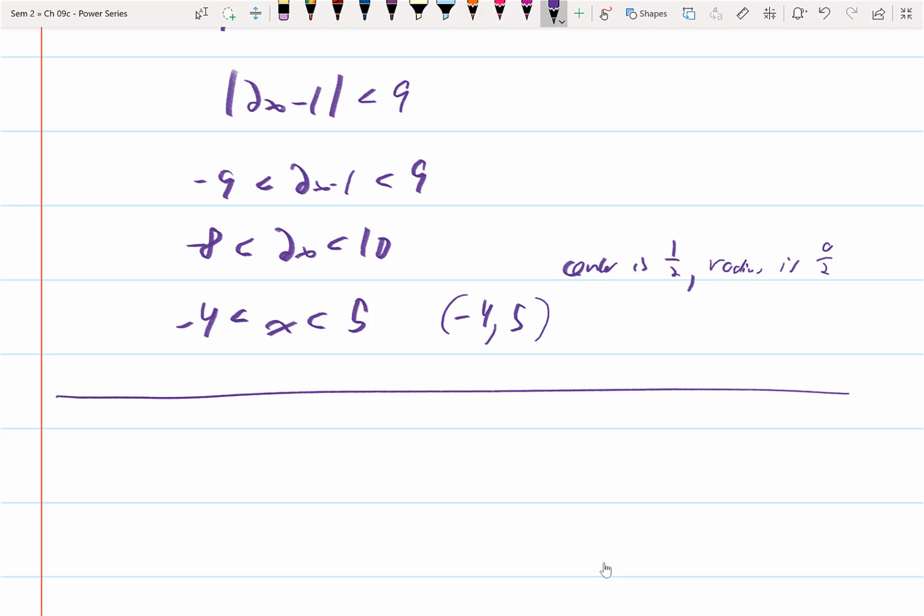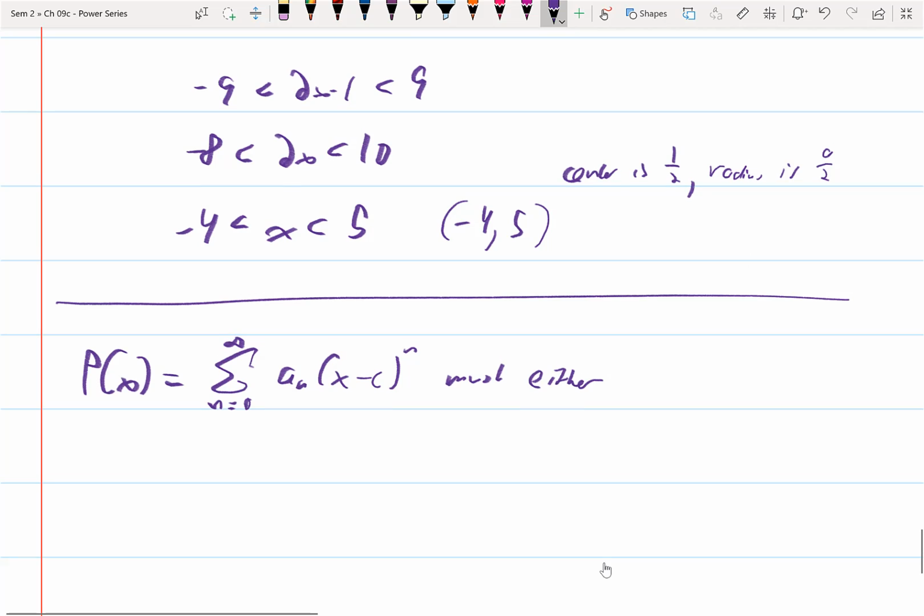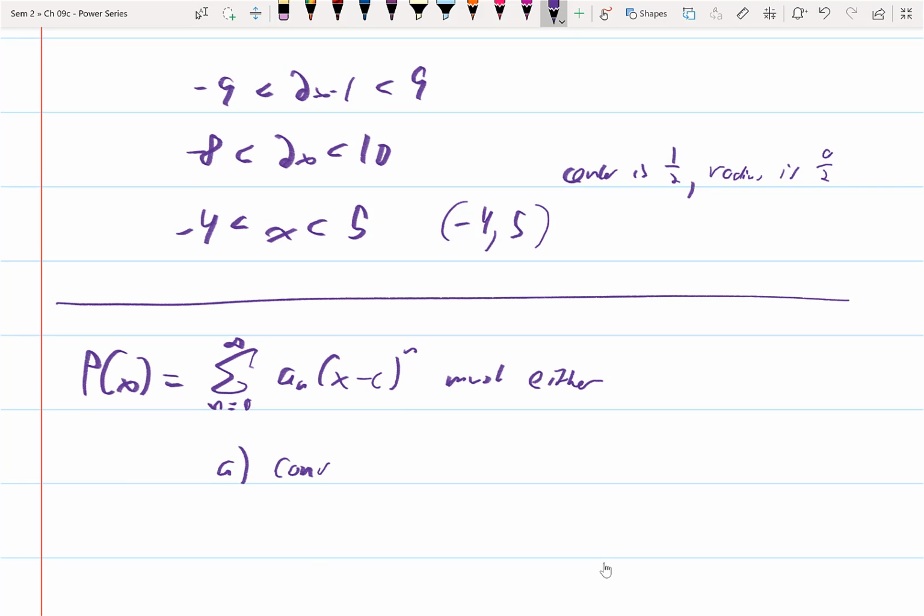Okay, so let's summarize. P sub f is equal to the sum from n equals 0 to infinity of a sub n times (x minus c) to the n, and it must either converge at x equals c and diverge elsewhere. And if that's true, we have a radius equal to 0.